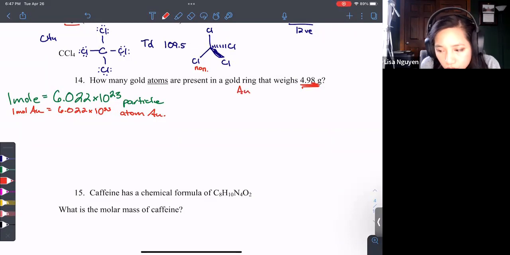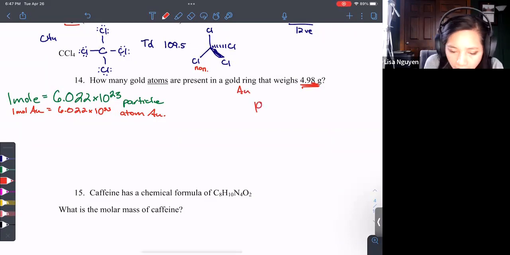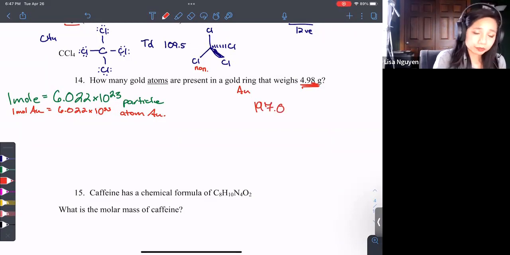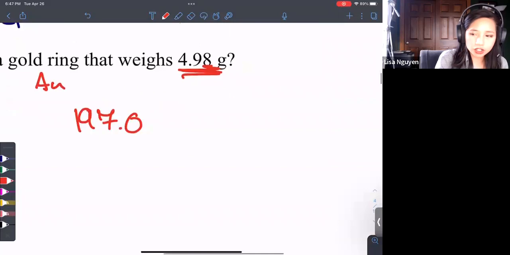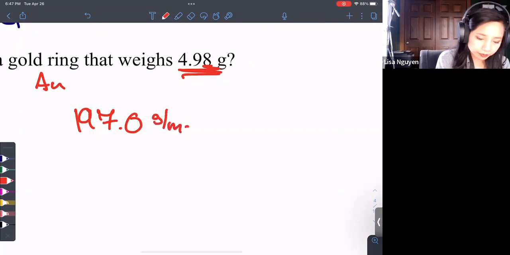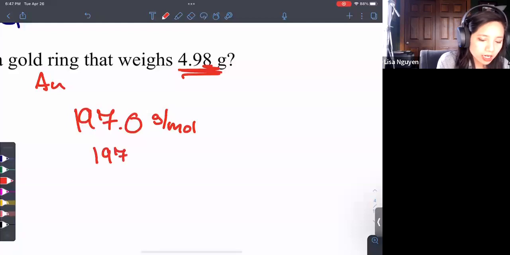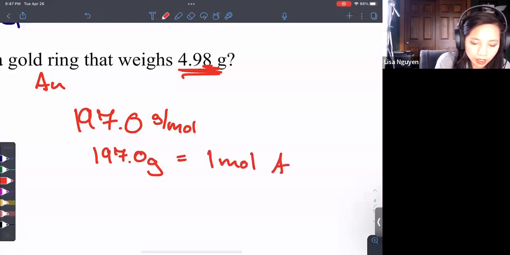So Au is 197.0. All right, so this is a gram amount. I like to think about the periodic table numbers as grams per mole. That's the unit there. So how we can rewrite this unit is we know that 197.0 grams is equal to 1 mole worth of Au.